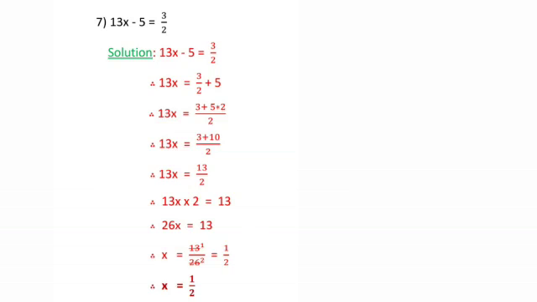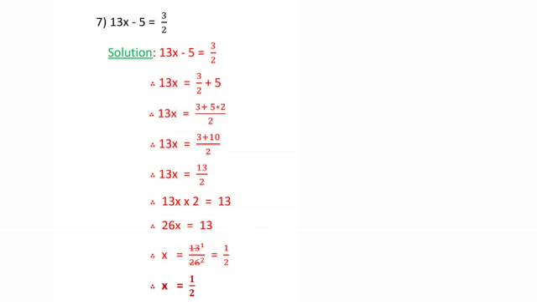Therefore 13x is equal to 3 plus 5 twos is 10 upon 2. So 13x is equal to 13 upon 2. Now this 2 when it comes to your left hand side it gets converted into multiplication. So 13x into 2 is equal to 13.